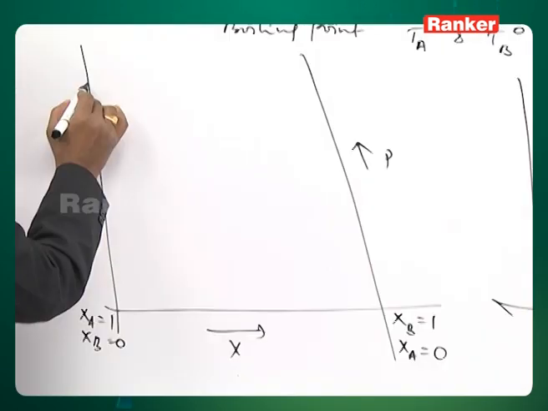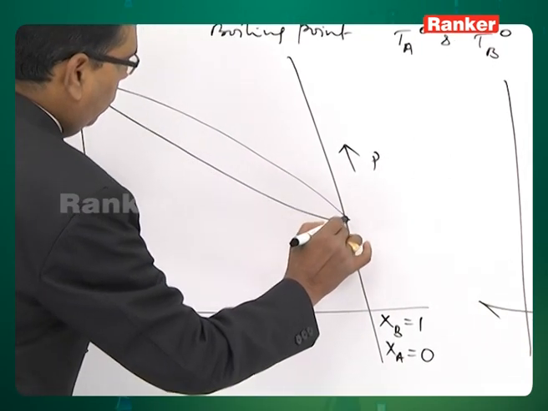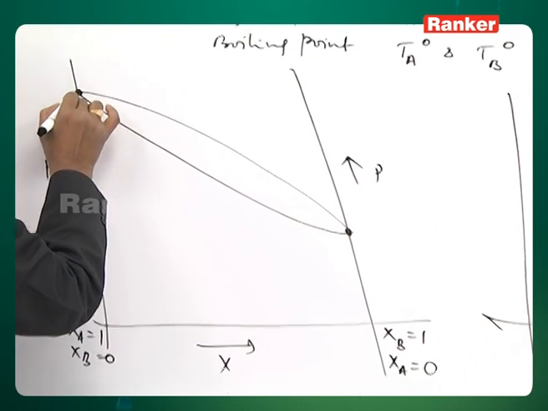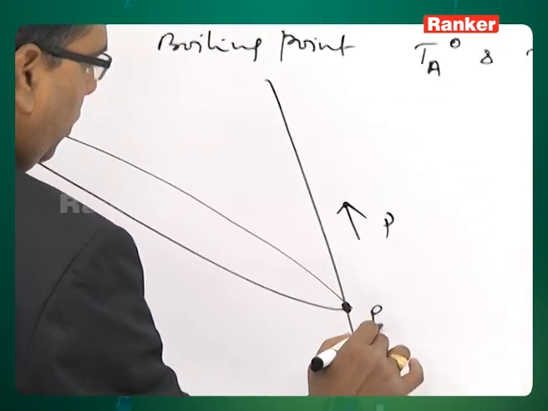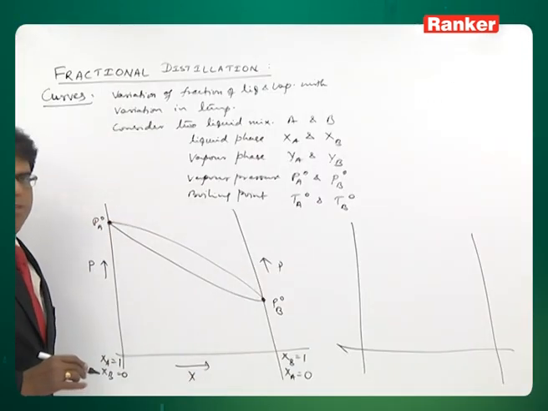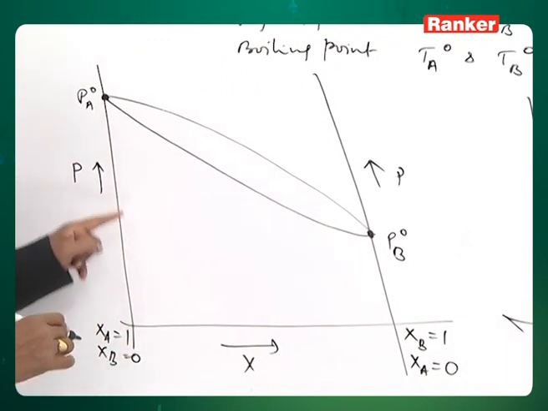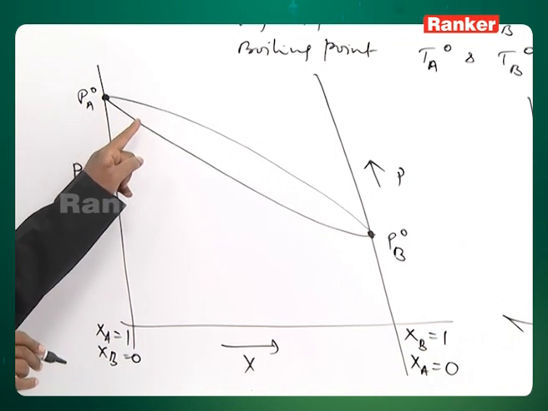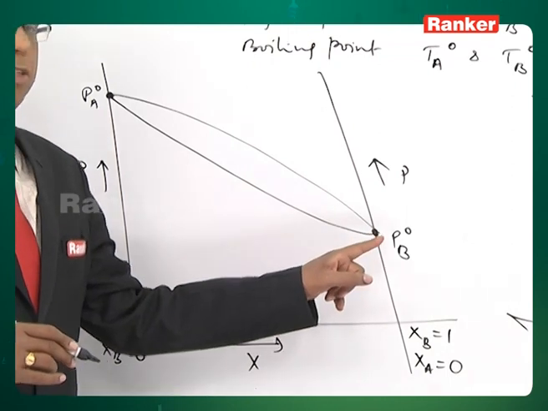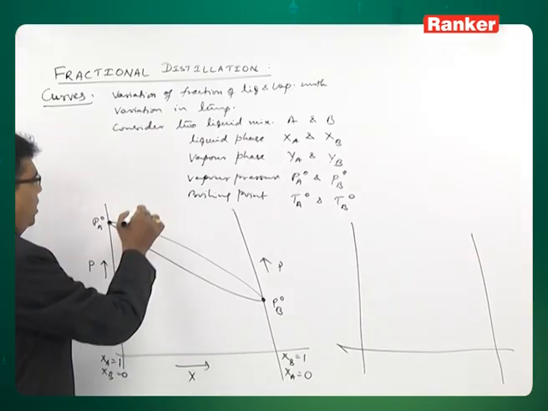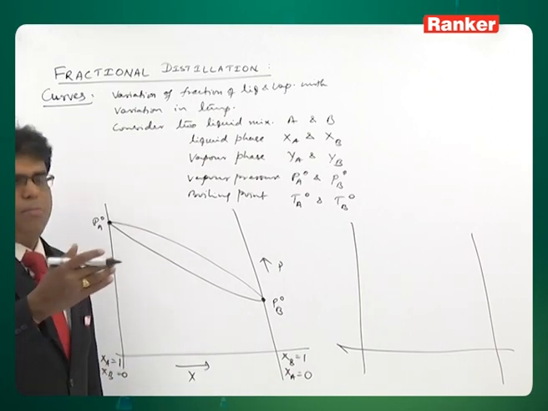When the graph is drawn, you will get a graph like this. These are the two extreme points, where this is P A naught and this is P B naught. This is when the mole fraction of A is 1 and B is 0. So, whatever vapor pressure you measure will be the vapor pressure of pure liquid A, and this will be the vapor pressure of pure liquid B. Now we are talking about the case of an ideal solution. So, the vapor pressure of a solution is equal to x A P A naught plus x B P B naught.